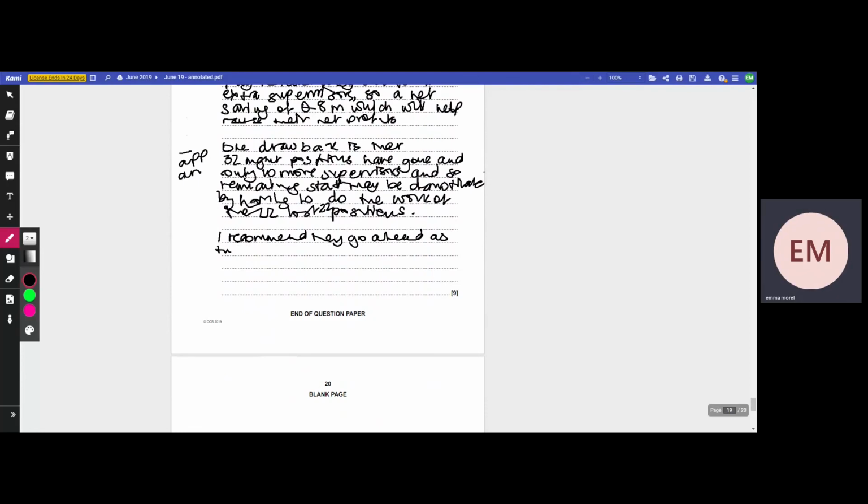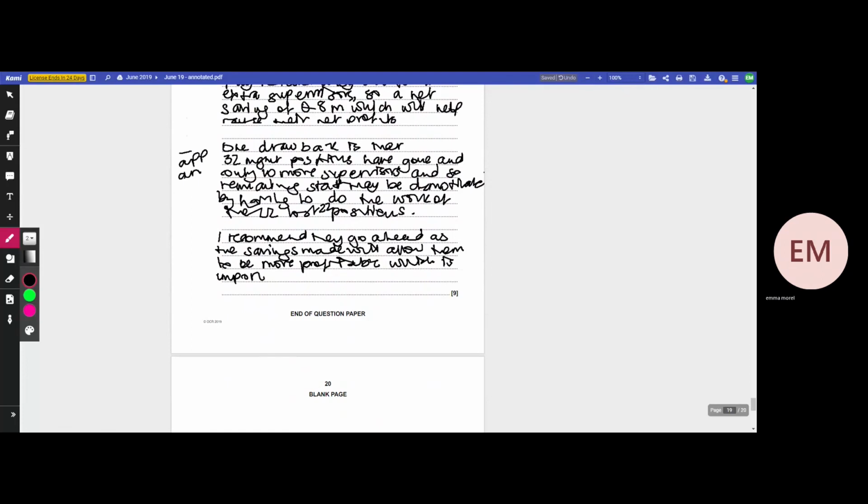as the savings made will allow them to be more profitable. Which is important for the shareholders as this will be, what do I want to say is important for the shareholders.